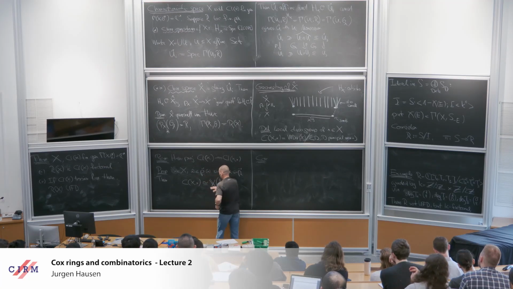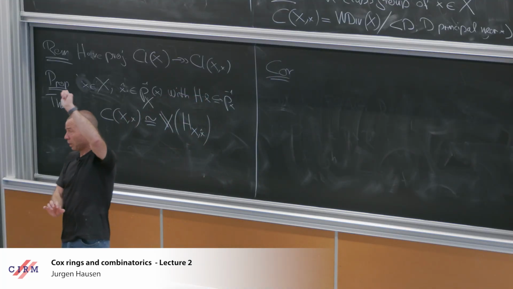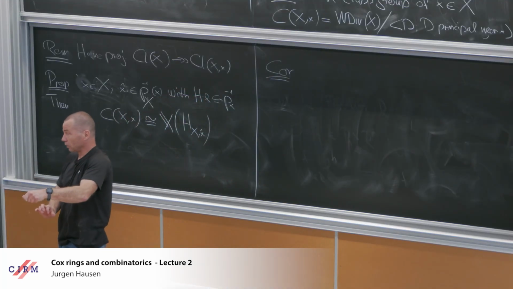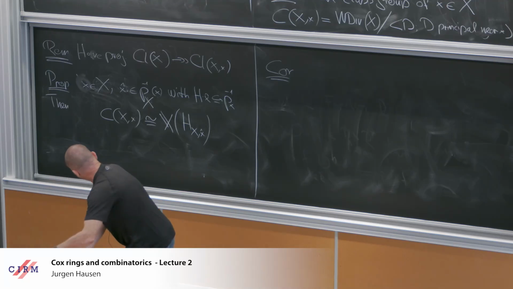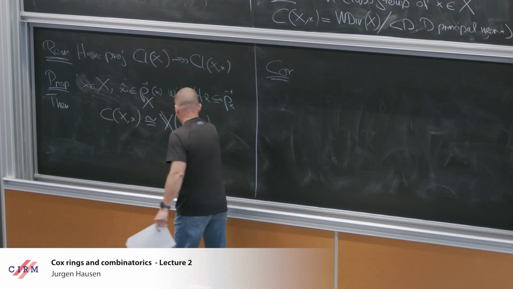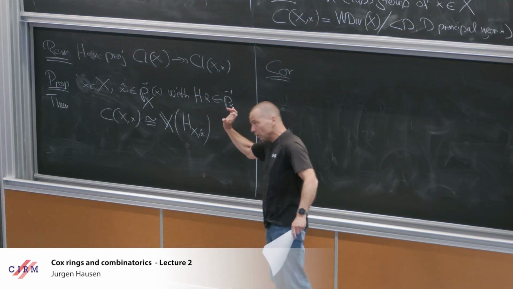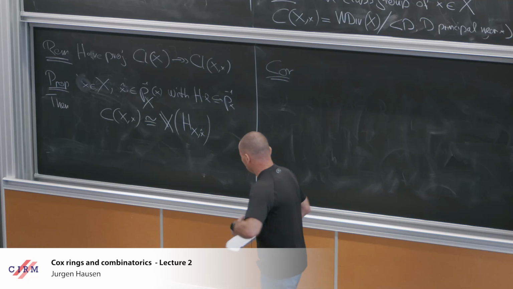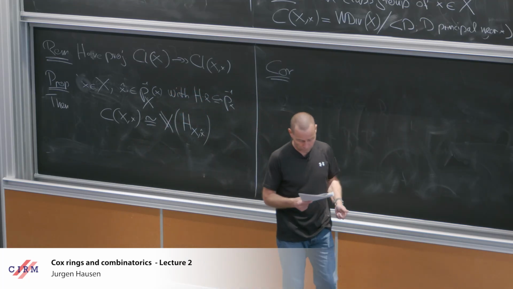So this is a big X. I run into this too-many-X's problem. I take the fiber over my point. There must be, due to good quotient, a closed orbit in the fiber. Take any point out of this closed orbit. Then I take the isotropy group of the Hx action and pass to the character group of this, and that is the local class group.